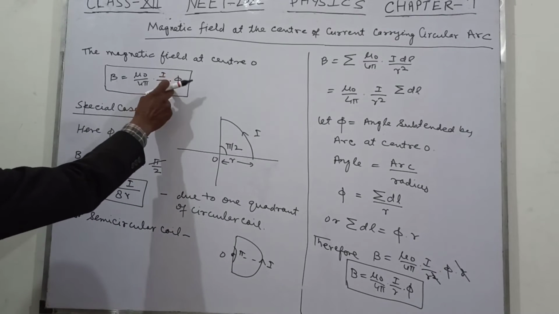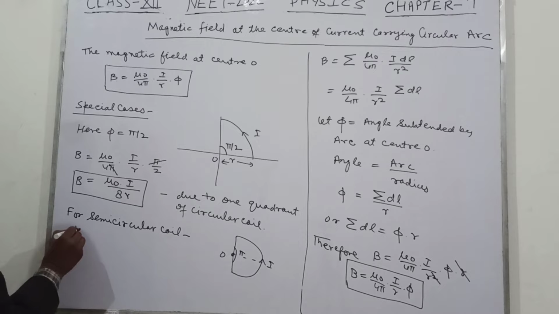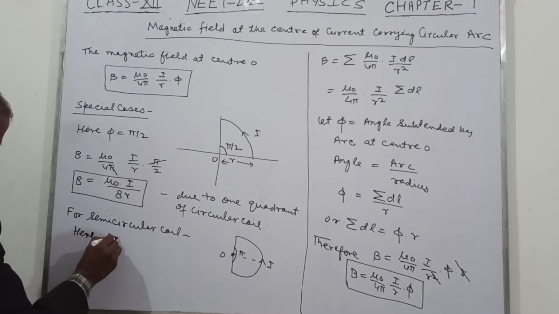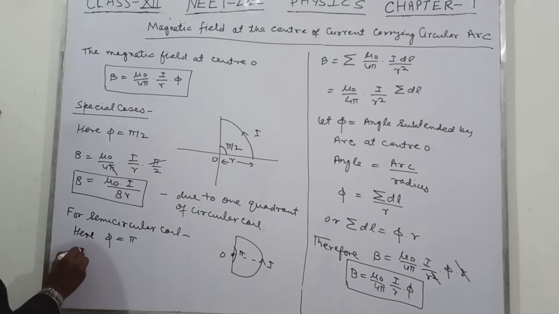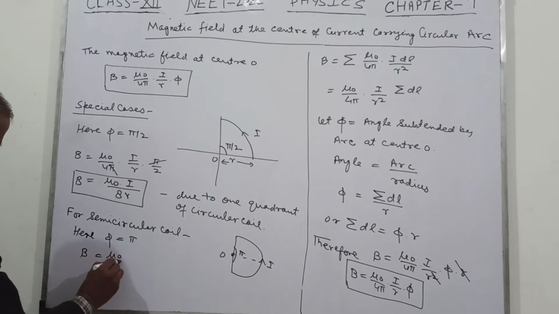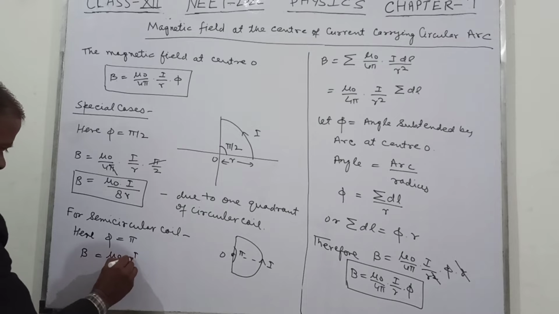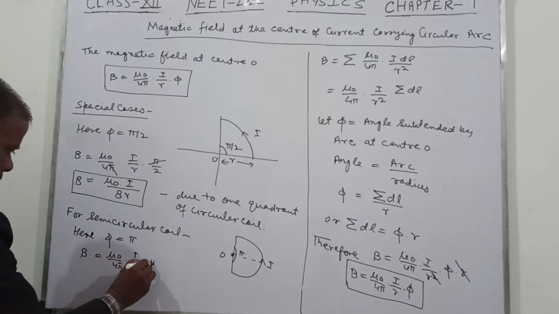So here phi equal to pi, therefore B equal to mu naught upon 4 pi into I upon R into pi.